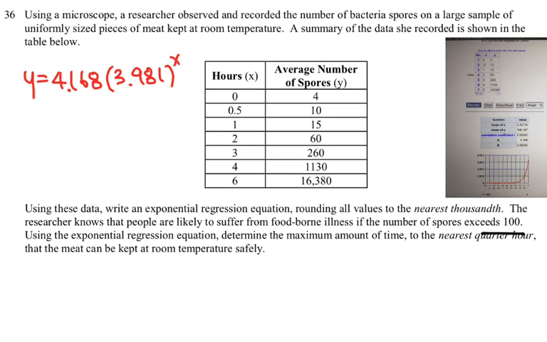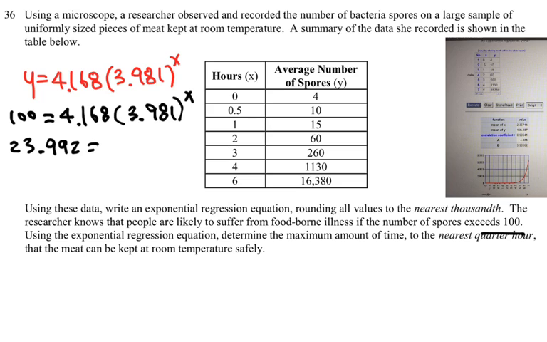Now, what we want to do is find the time when it doesn't exceed 100. So therefore, 100 is equal to that expression. Then I can divide each side by 4.168, which gives 23.99. And then this is the expression that I'm getting. Then to find x, we have to use the logarithm.